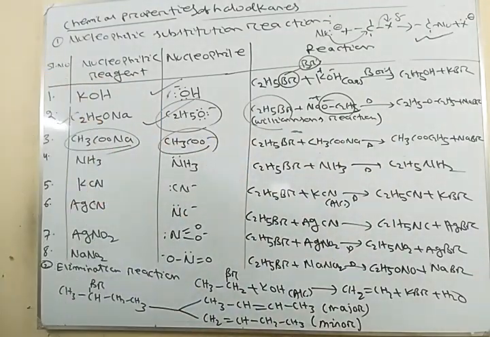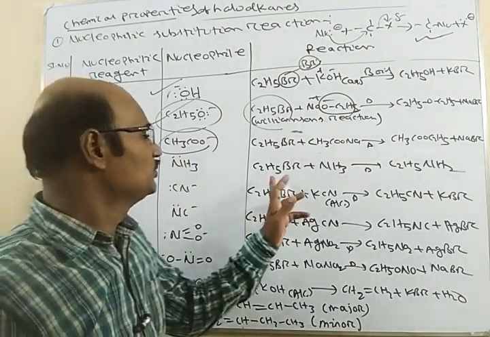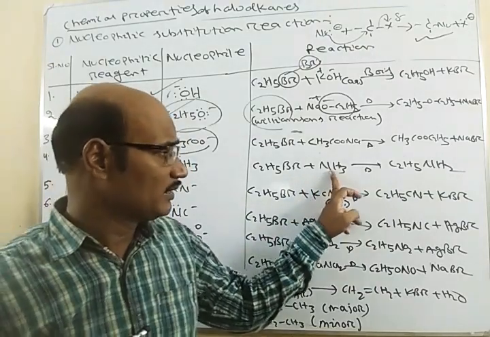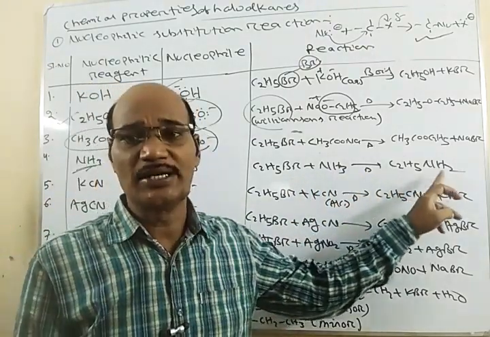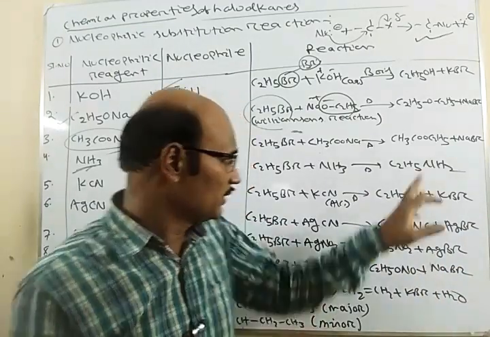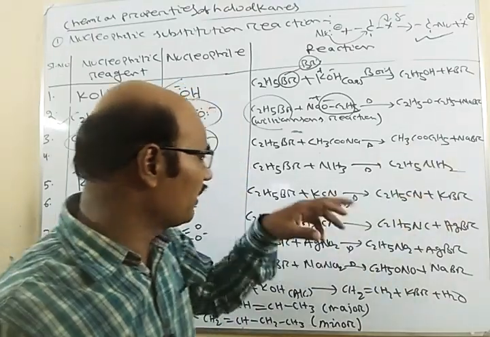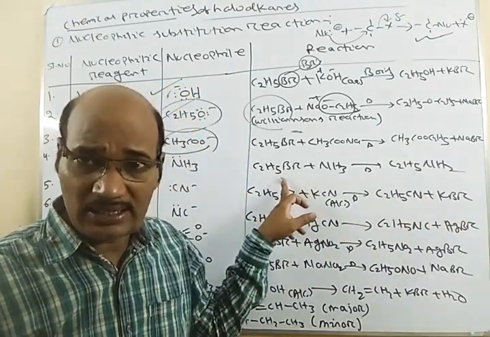If I take ammonia, then ammonia NH3 is a nucleophile. Now here C2H5Br plus NH3 will give C2H5NH2, that is an amine. But if you take excess, this C2H5NH2 again reacts with alkyl bromide.